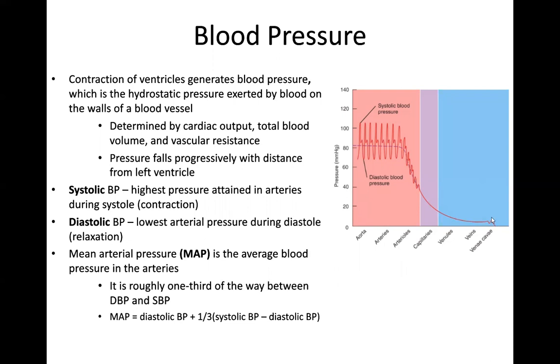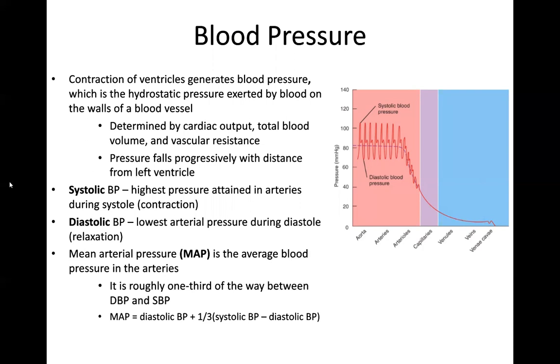The reason is that remember, we always want to return blood to the heart after we pump it out. So we have to establish a pressure gradient where it's progressively going from higher to lower to lower. And your vena cavas are the last blood vessels that have blood before it comes back into your heart.